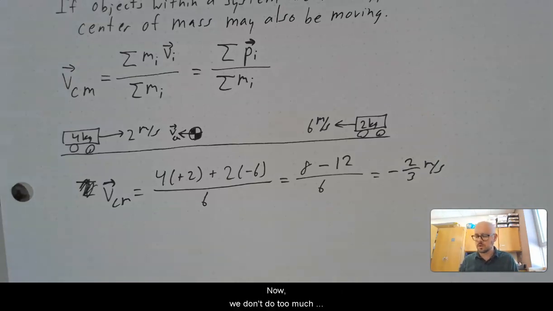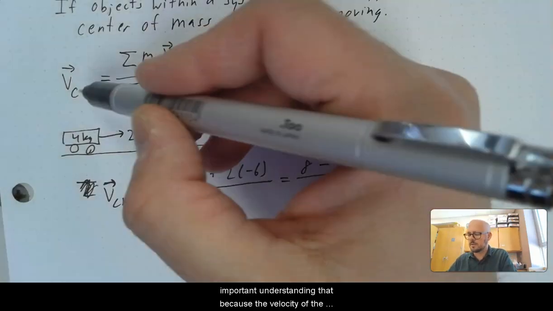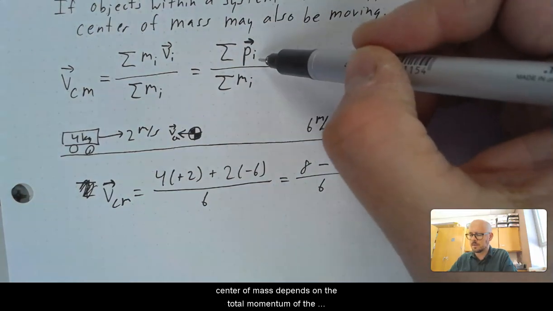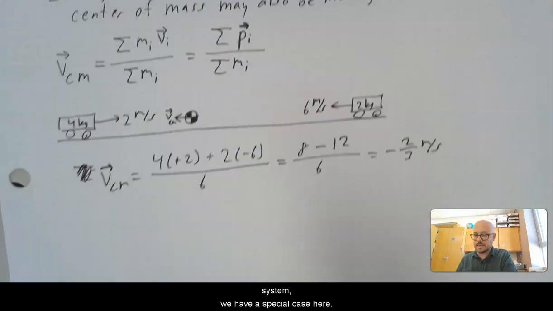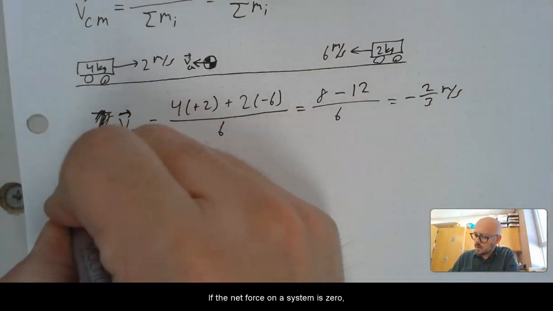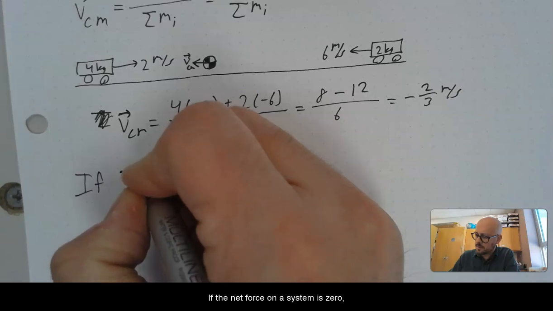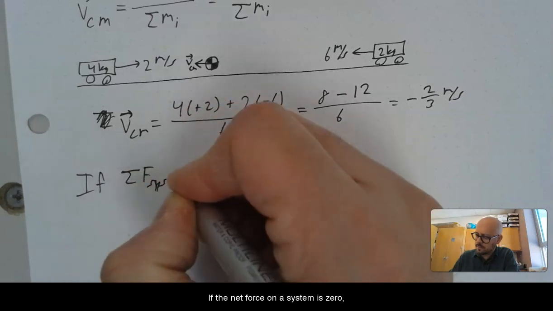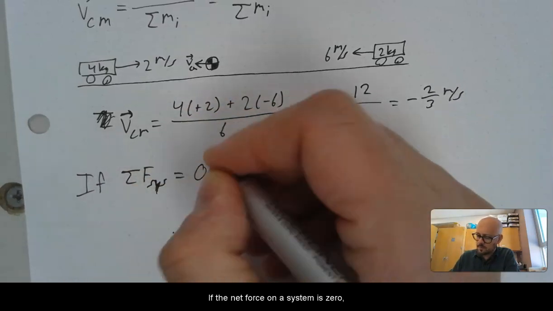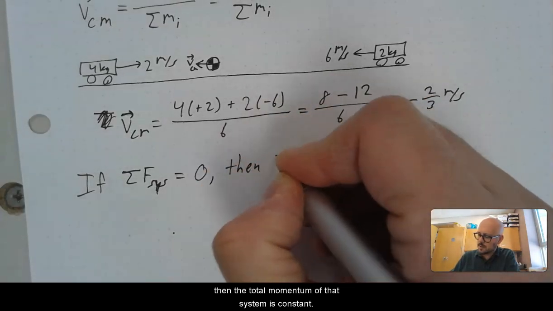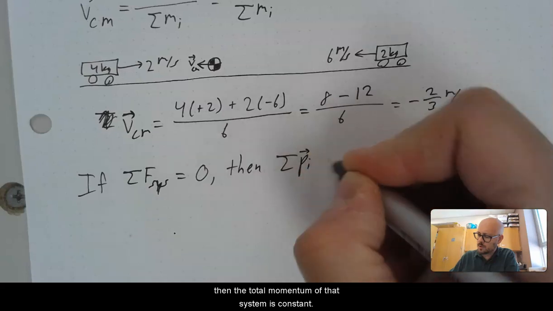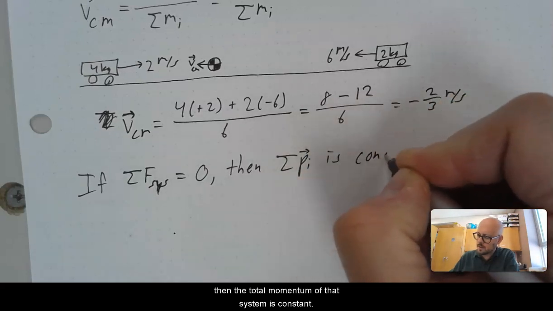Now, we don't do too much application of this, but it comes with a very important understanding that because the velocity of the center of mass depends on the total momentum of the system, we have a special case here. If the net force on a system is 0, then the total momentum of that system is constant.